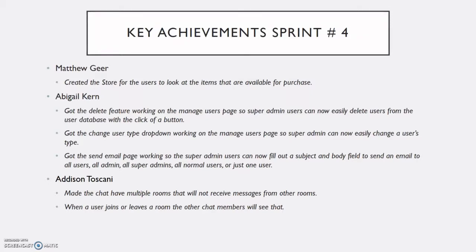Got the change user type dropdown working on the manage user page so that the super admin can now easily change a user's type. Got the send email page working so the super admin user can now fill out a subject and body field to send an email to all users, all admin, all super admin, all normal users, or just one user.